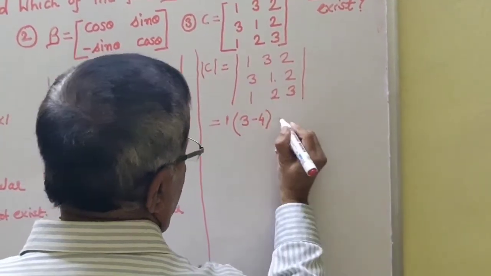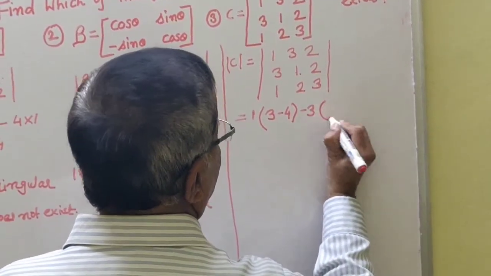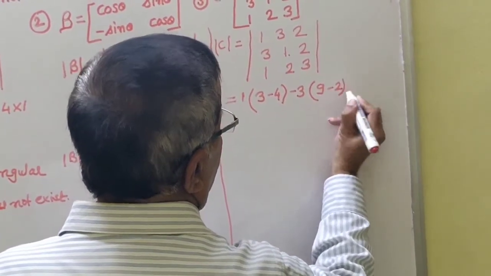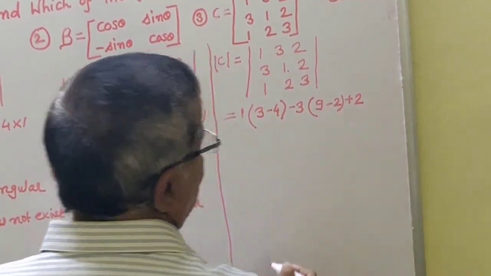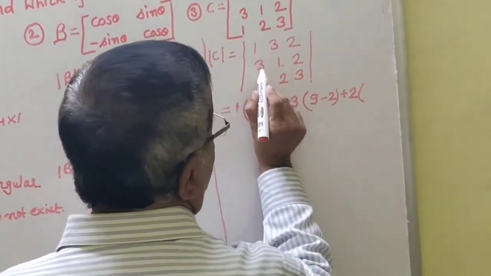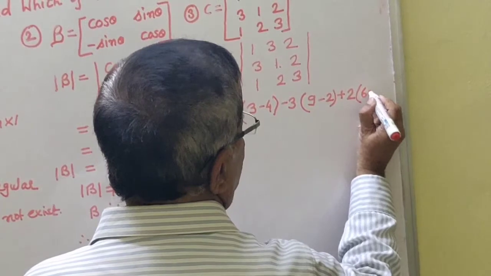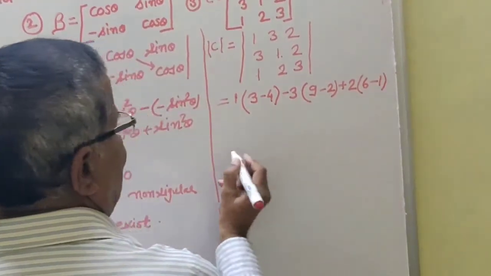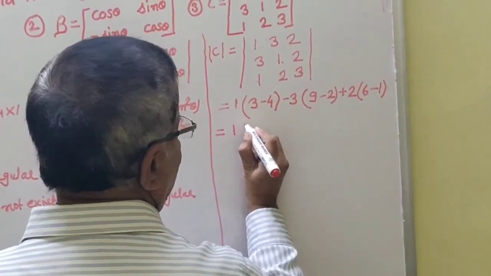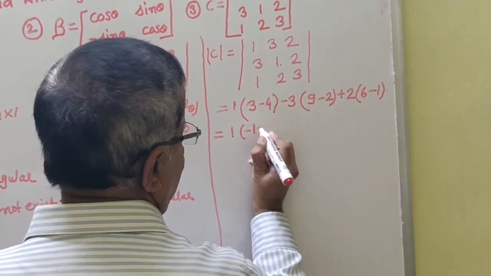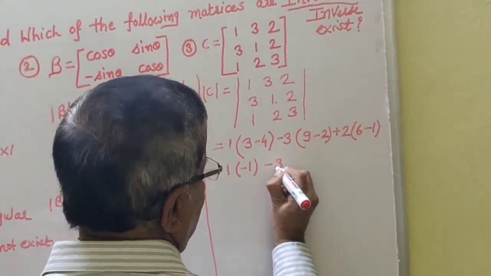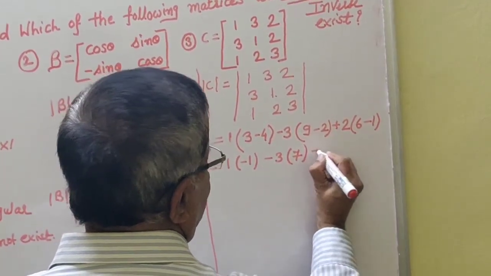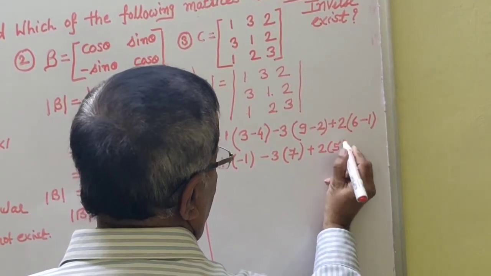For the middle is minus sign. Then I will multiply 3 into 3 is 9, minus 2 into 1 is 2. Now I am writing the third, 2. What will come inside the bracket? 3 into 2 is 6, minus 1 into 1 is 1. Then by simplifying this, 3 minus 4 is minus 1, minus 3 into 7 (9 minus 2 is 7), 2 into 5 will come here.